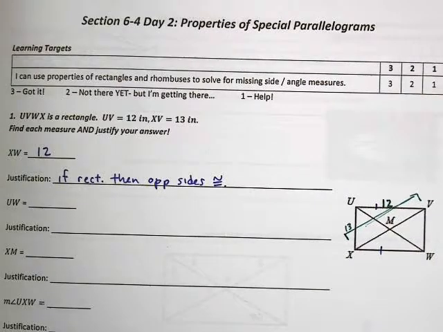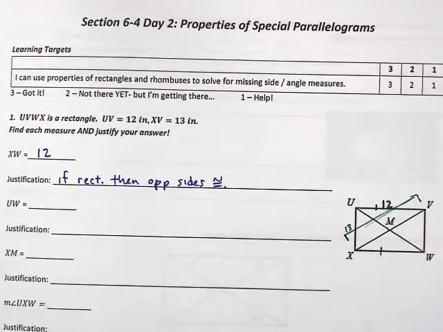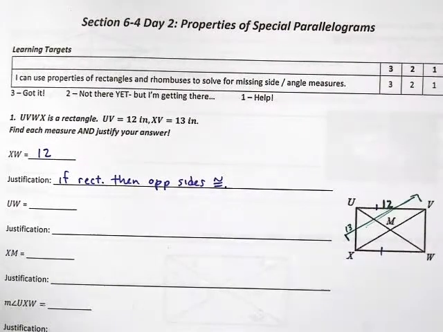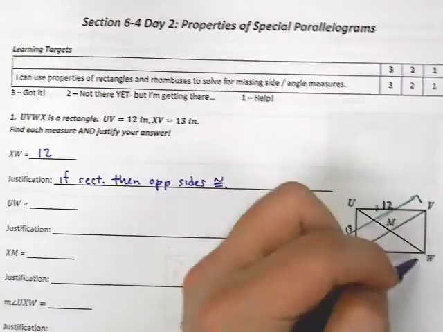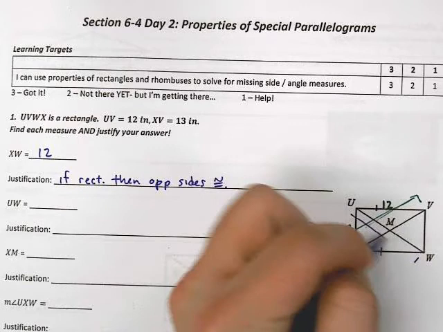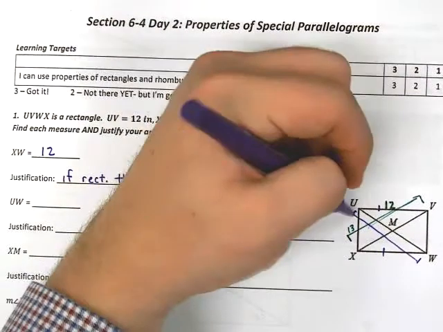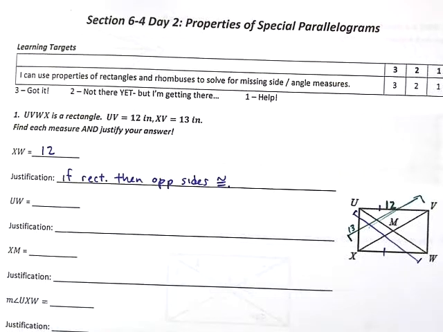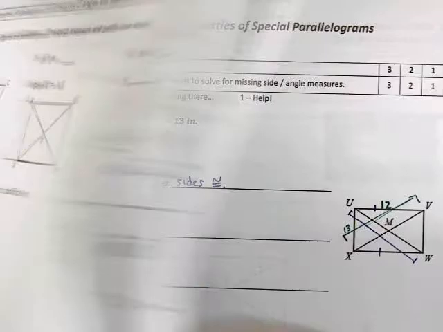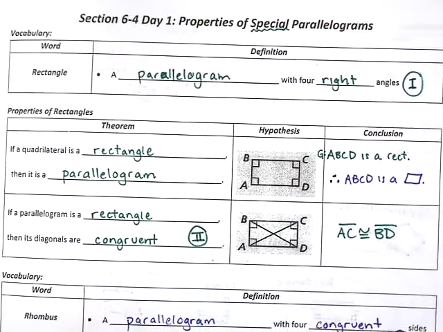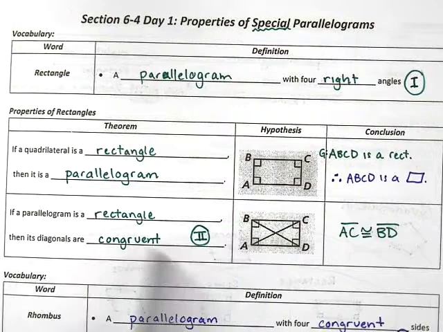Now, when I talk about UW, UW is the other diagonal. So I'm going to kind of try and sketch that in here with my purple. What do I need to remember about diagonals and rectangles? Well, if we go back, we learned what? We learned that diagonals are congruent in rectangles.